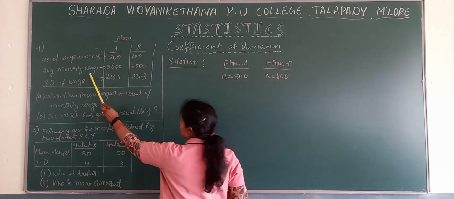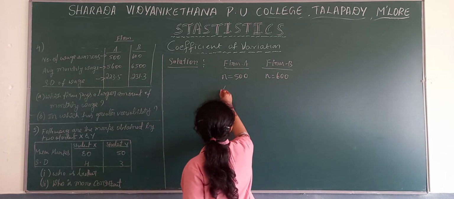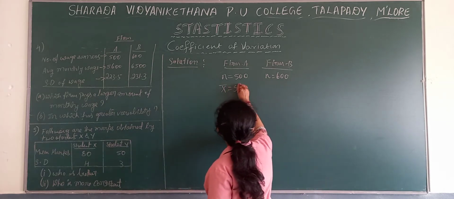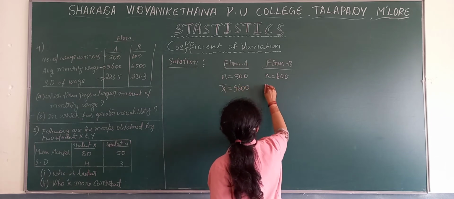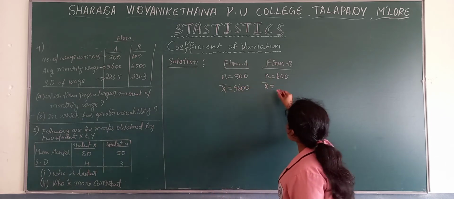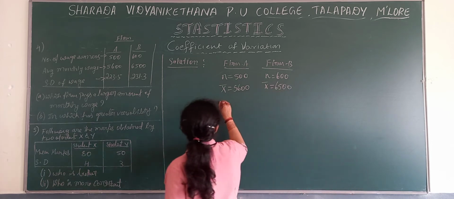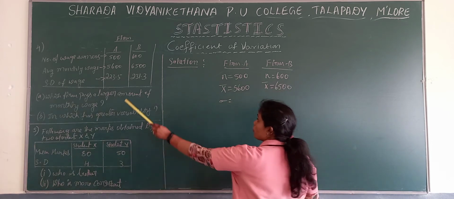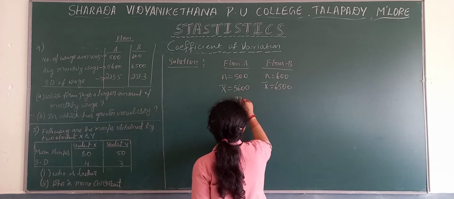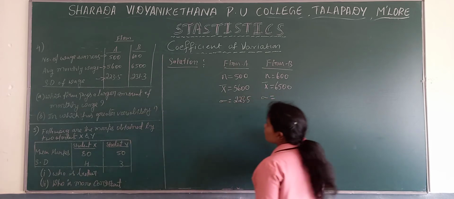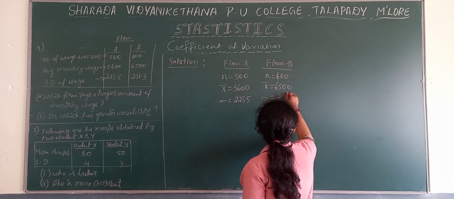Then average monthly wages, that is the mean value, is 5600 for firm A and 6500 for firm B. Then standard deviation is given as 223.5 for firm A and 231.3 for firm B.